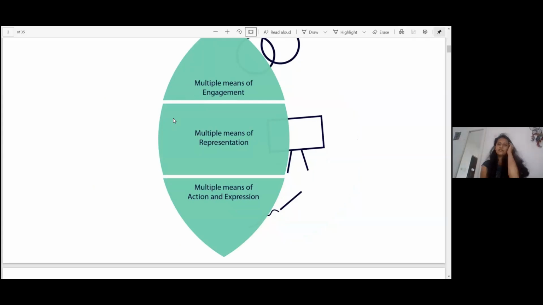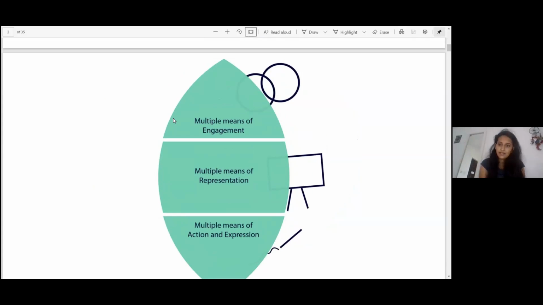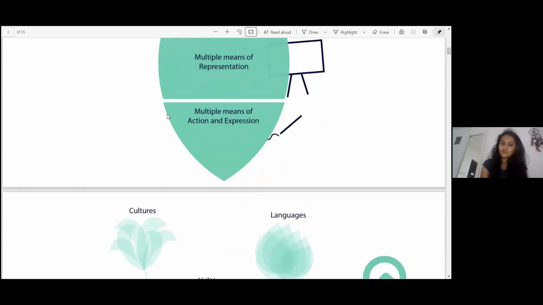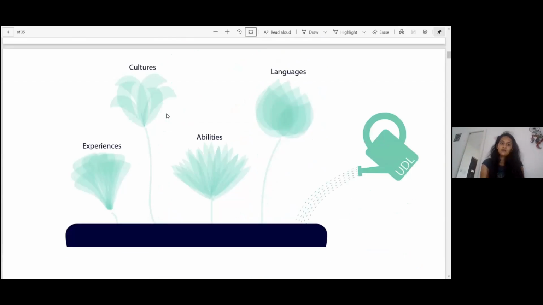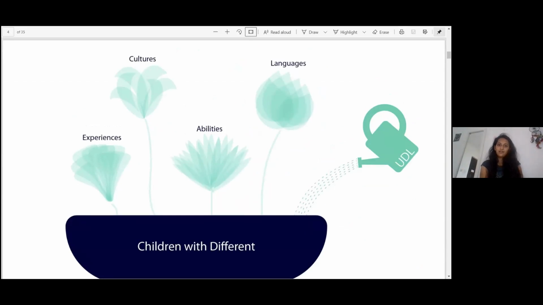There's a lot of literature available on UDL that I went through, and they have principles of how to engage children or how to create environments and syllabus such that all of them are able to participate. Something that caters to students of all kinds of needs. In short, UDL caters to children with different experiences, cultures, abilities, and languages.